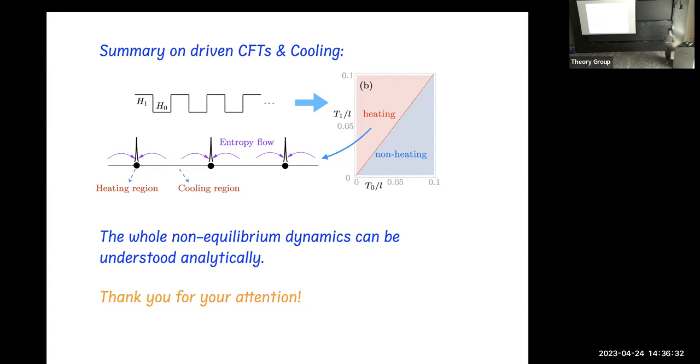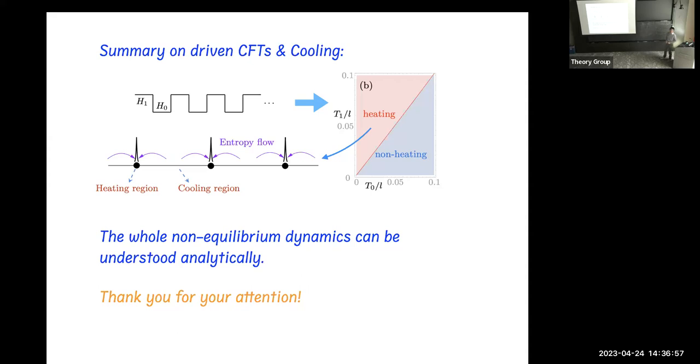For n equals 1, don't you still get these two energy peaks? Yeah, the reason is this: for n equals 1, H0 and H1 share the same ground state. This is why I claim if you start from some excited state, which is not an eigenstate of the H1 Hamiltonian, there is an interesting thing, and there are two peaks.